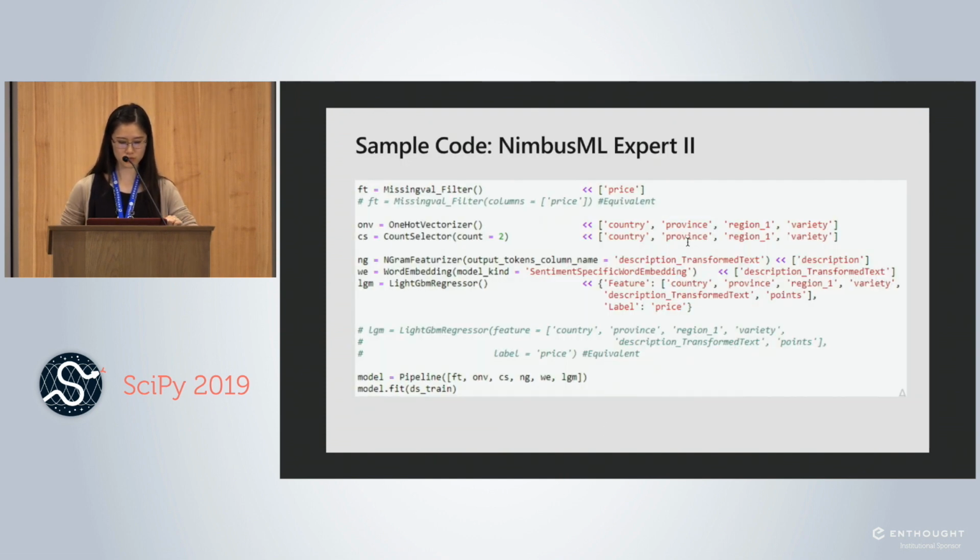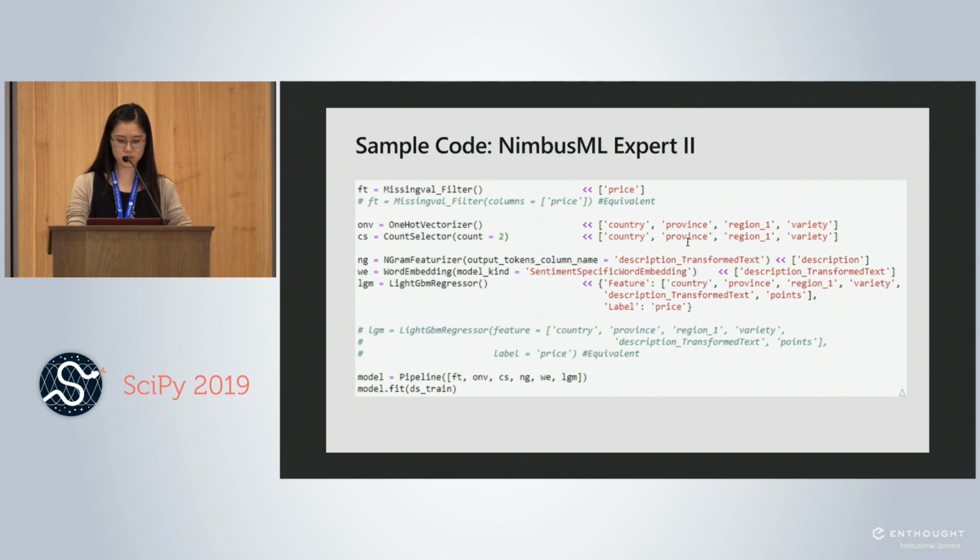And this is a code sample from the previous situation where we initialize 6 components: 5 transforms and 1 learner. So after this, we have the list of strings indicating the columns we want to use for each one of the transforms. And you can also see that for the LightGBM regressor, we actually specify the roles of different columns.